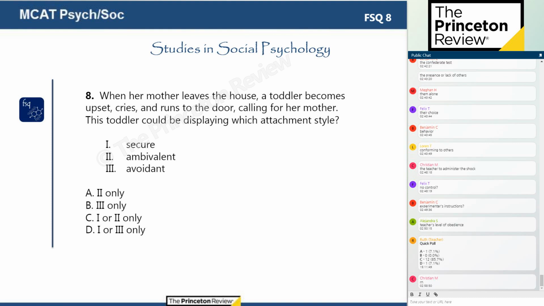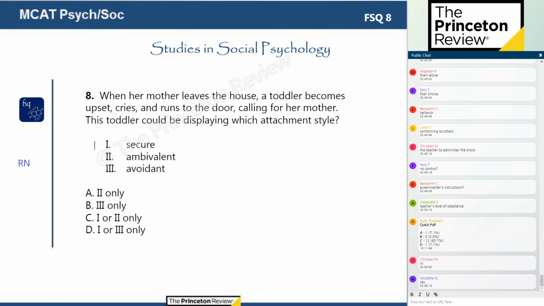Yeah, Roman numeral. So let's take a look at that. All right. So actually we can start anywhere because all of these are used only twice. So, okay, mom leaves, toddler's upset, cries, and runs to the door. So is that something you would expect in securely attached kids?